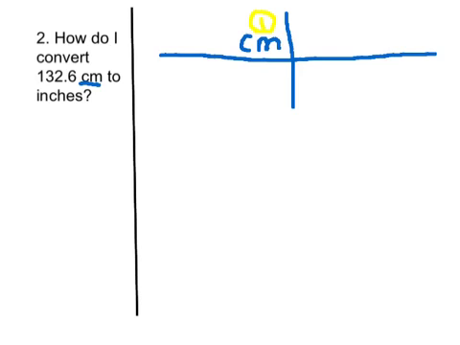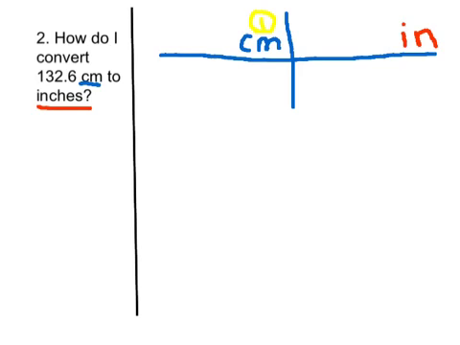Now the second step is to put our new unit on the top right-hand part of the bridge. So what we need to convert to is inches. That's what it's asking in our question. So on the top right, we'll put inches because that's what we need to convert to.